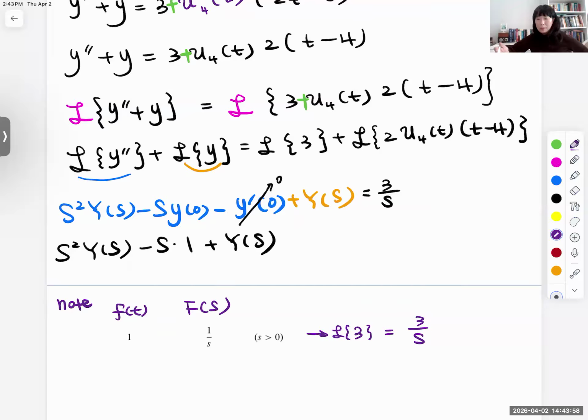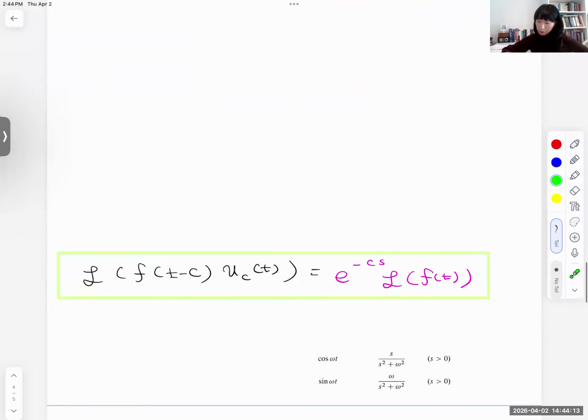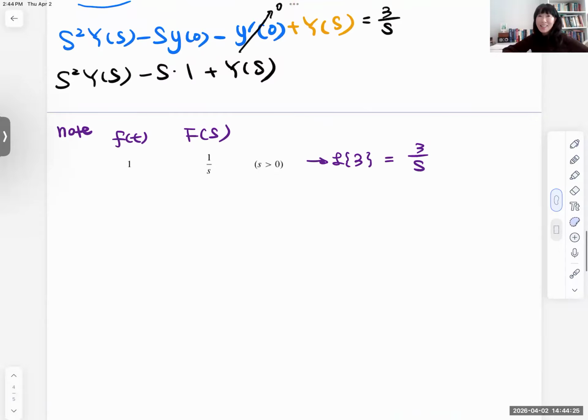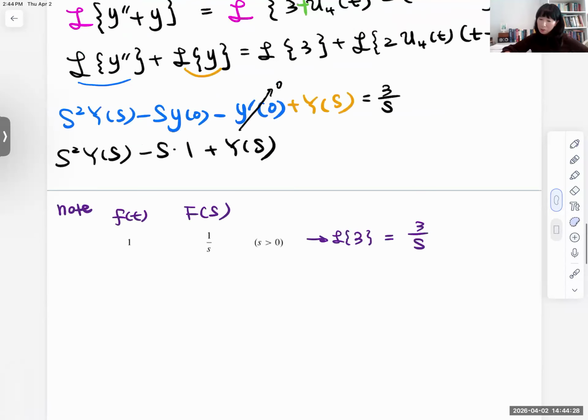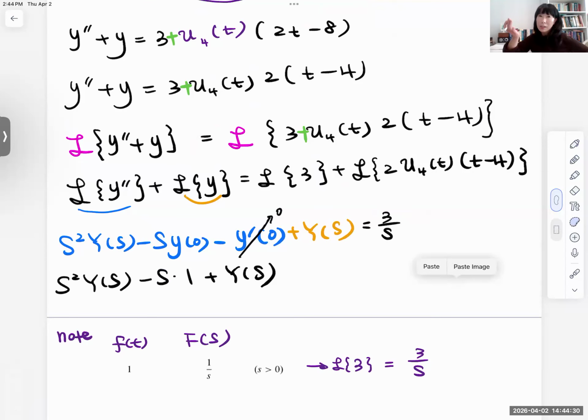What about this one? We have the Laplace of 2 times the unit step function, so they match, c equal to 4. Let me just write it down.